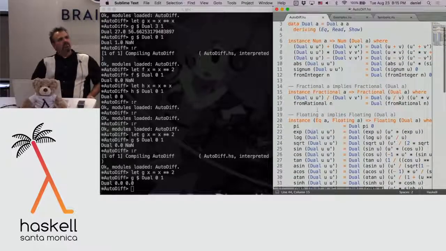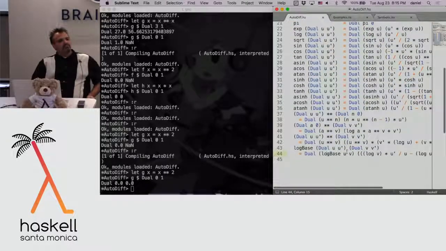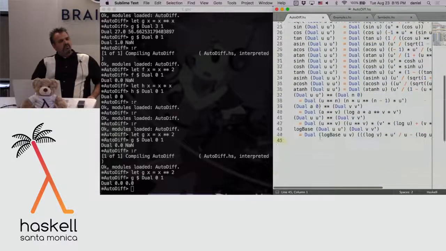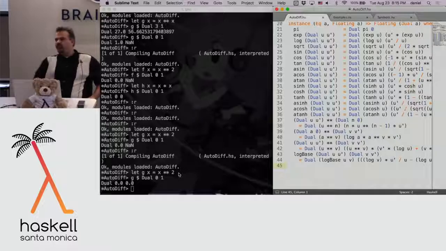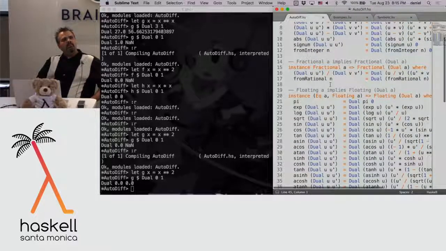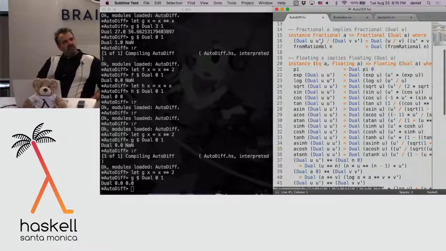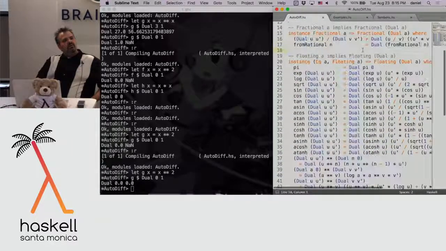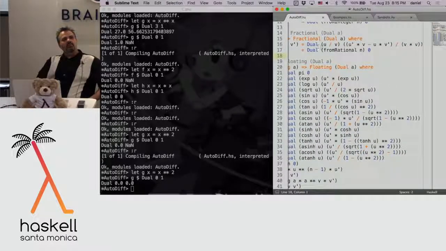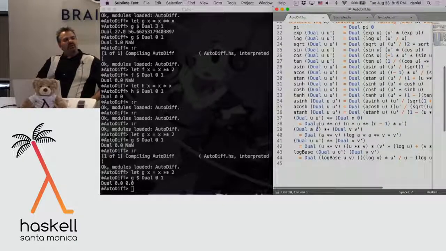I don't think we have a from double, but where do we? Somewhere, something is casting this 2 as a dual 2, 0. I don't know if it's from rational or not. From rational? From rational is casting our 2 as a dual 2, 0. And that's why we're following the first code path rather than the third.